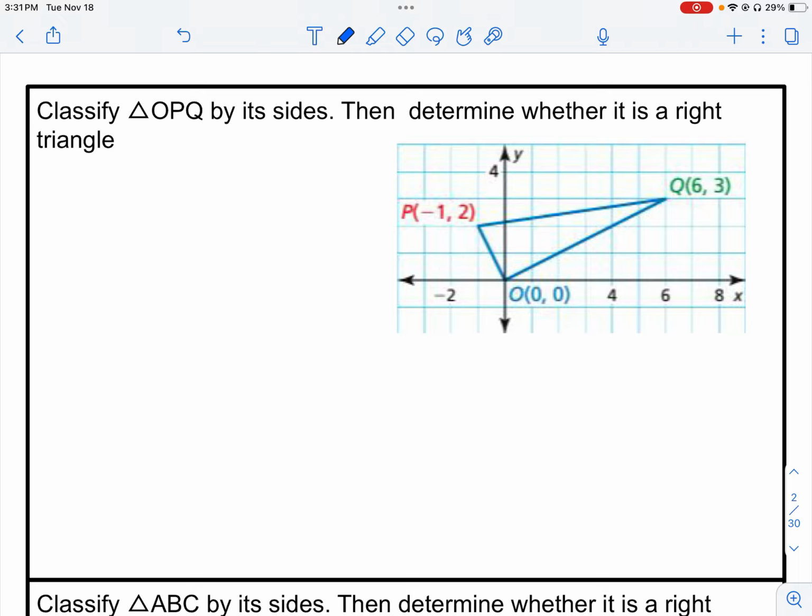And since we have coordinate points, we can simply use the distance formula to determine what the length of each side is.